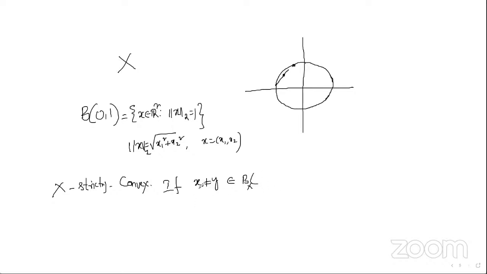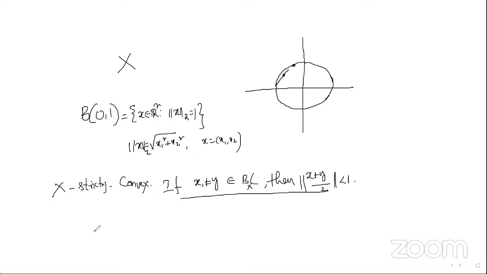If x, y belong to Bx, then the midpoint, the norm of (x plus y) by 2, will be strictly less than 1. If a space satisfies this property, then we say that it is strictly convex.